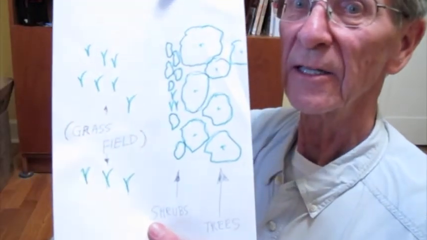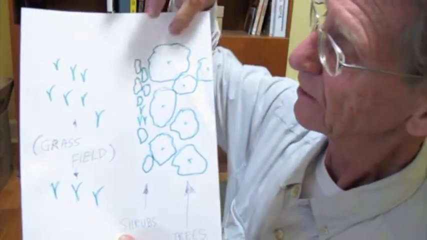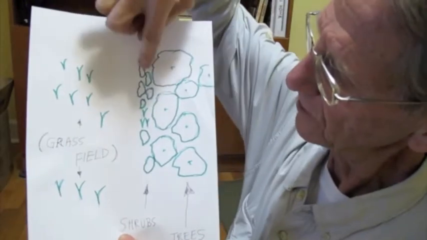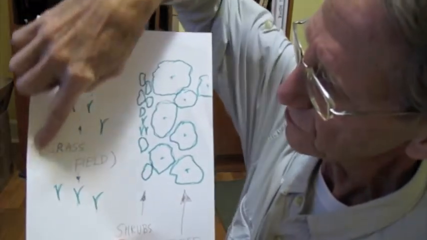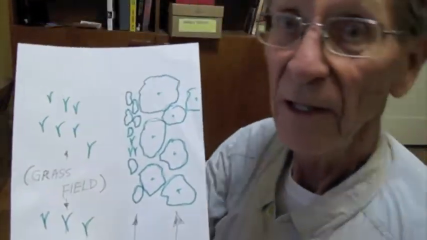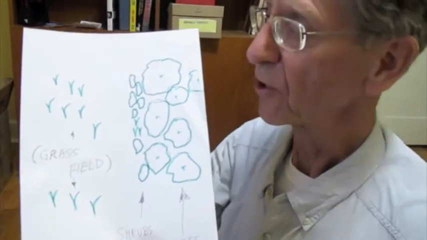Go to your tracking area and select a high probability area for finding sign. Sorry for the artwork, if you can see that. These are trees, these are shrubs, this is a grassy field. That's an ecological edge.